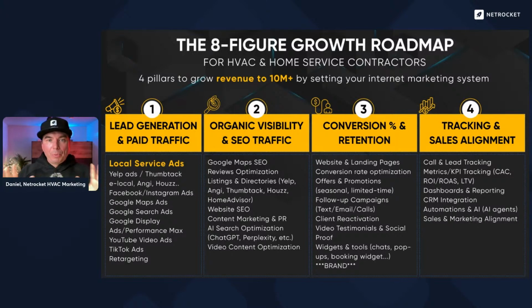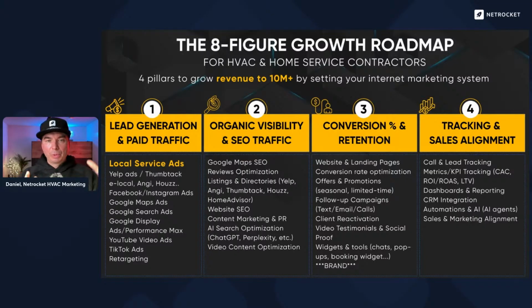These are the 4 pillars that should be set up in your company in order to grow your revenue to 10 million plus. We are in the very beginning with this local service ads lesson. So we are in the first pillar, in the first position. And I will just say it in a couple of words.